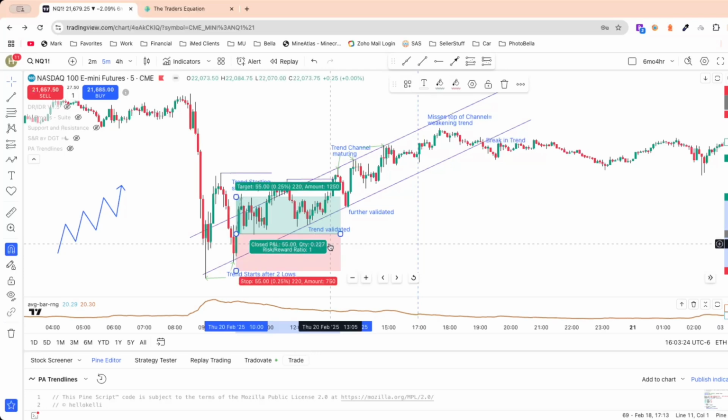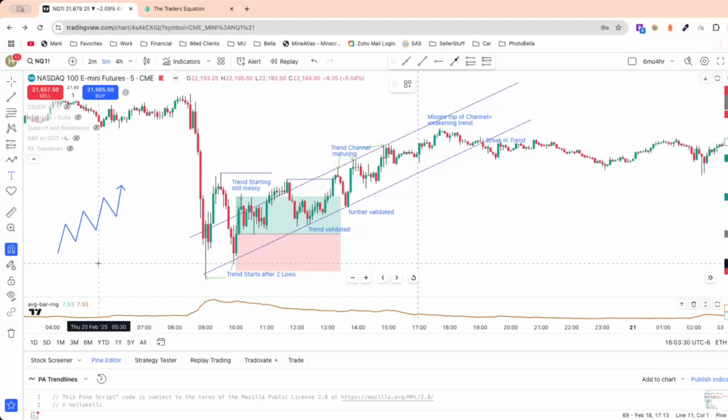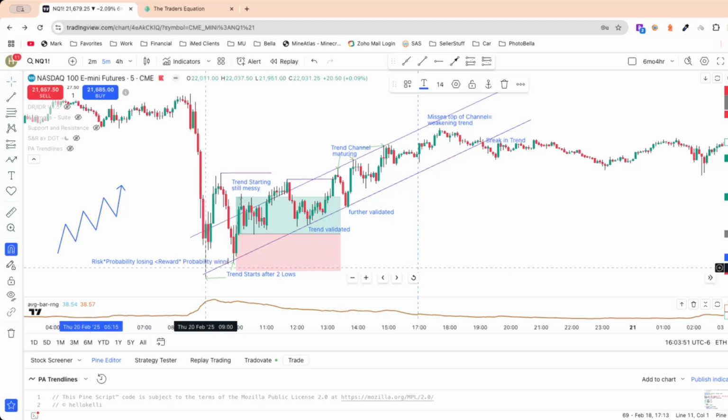Okay, so first let's talk about risk to reward ratio. There's this thing called a trader's equation. You want to take your risk and multiply it by your probability of losing, and you want that to be lower than your reward times your probability of winning.